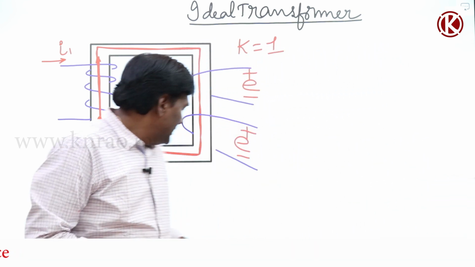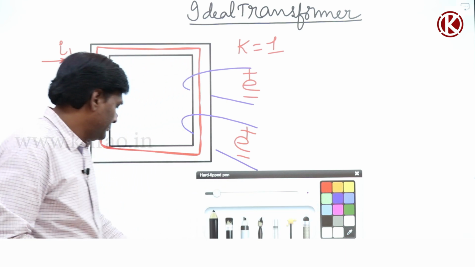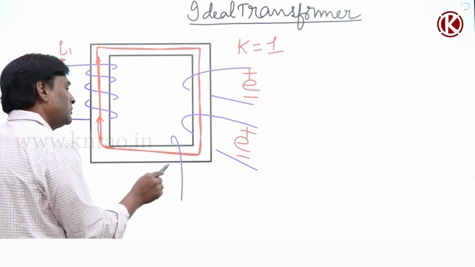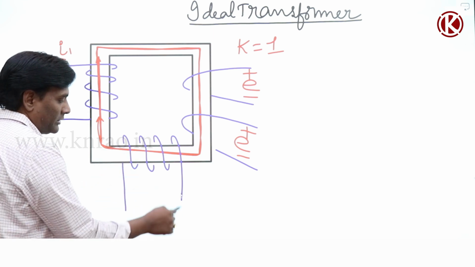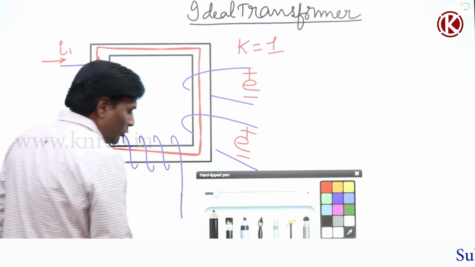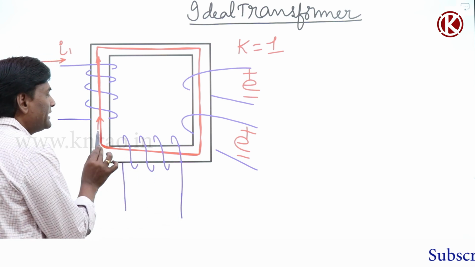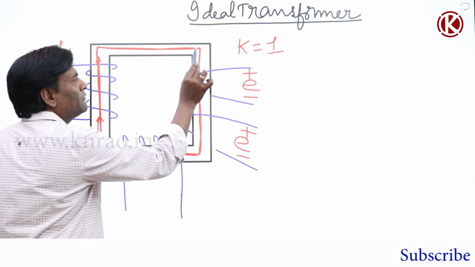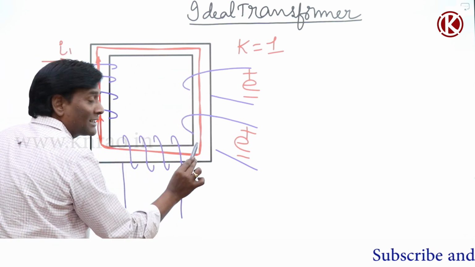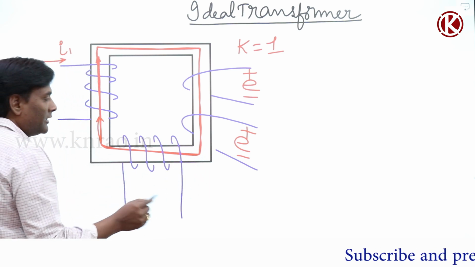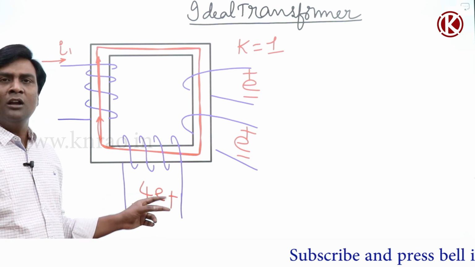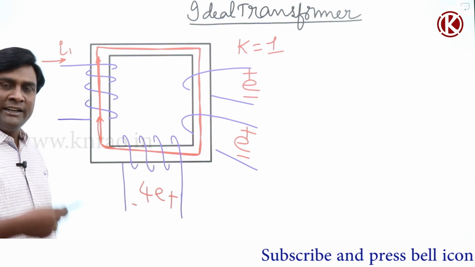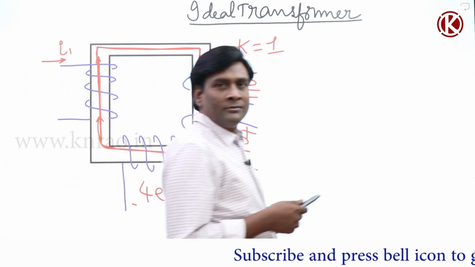Meaning that if I have 1, 2, 3, 4 turns, so if I have 4 turns, how much will be the induced voltage? See here, the same flux is linking, E here, the same flux, E here, the same flux here, so it is going to be 4E. About positive and negative, that will be decided by the sense of the winding or dot convention, which we already know.